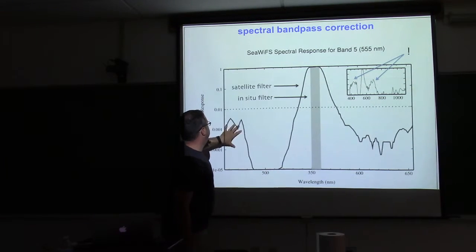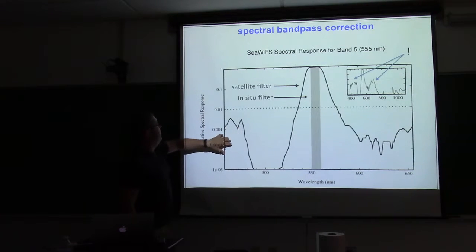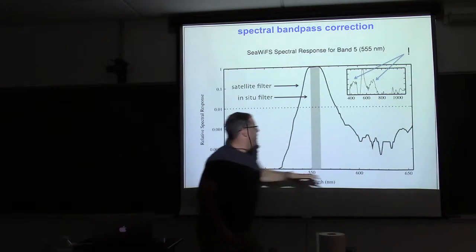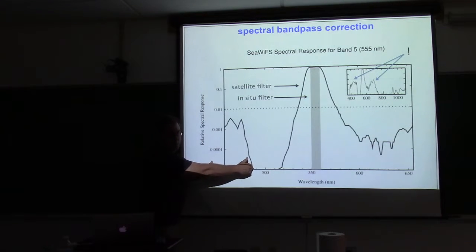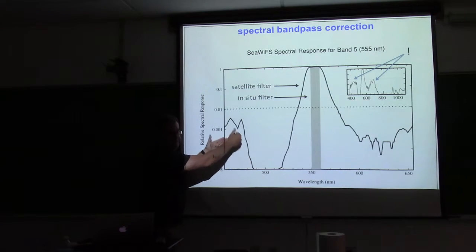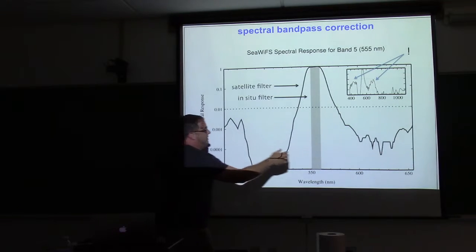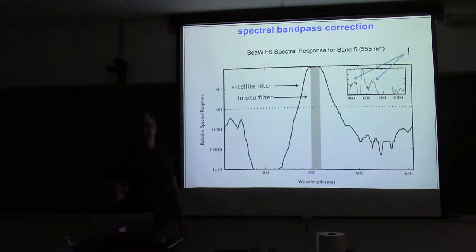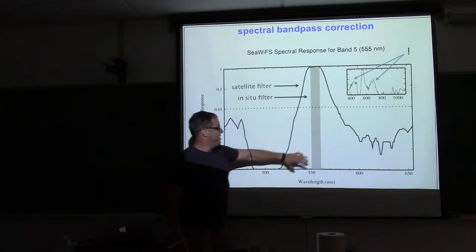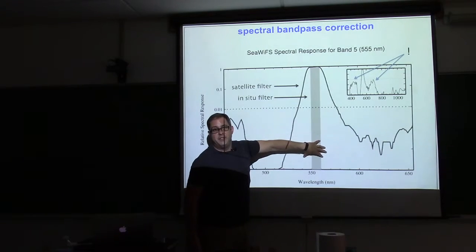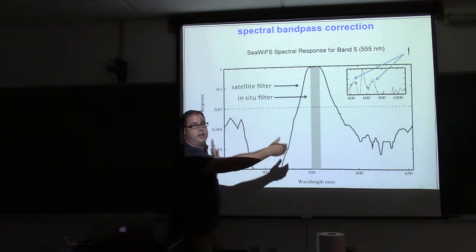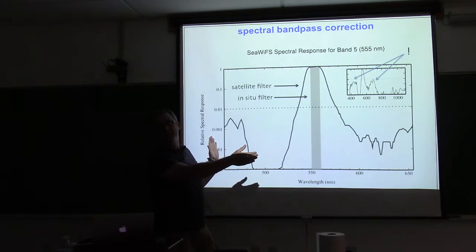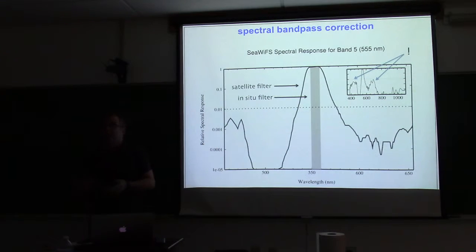You can see there are contributions on the order of 0.1% here, 0.1% there, but these are wide leaks, and cumulatively they all add up. That means 555 measured by SeaWiFS is not just a signal at 555, it's a contribution of whatever blue light and red light also happens to be available. Now, in principle, why would you care?